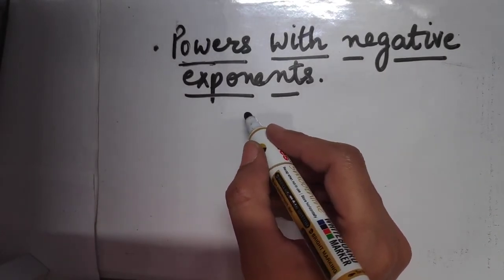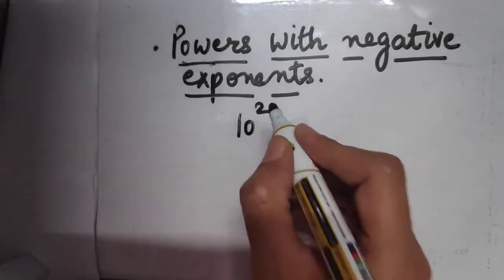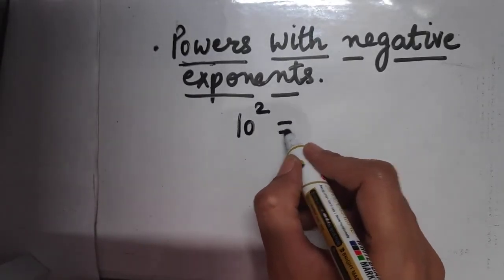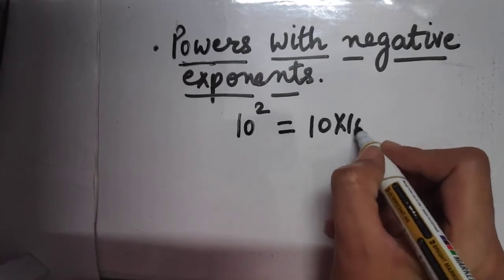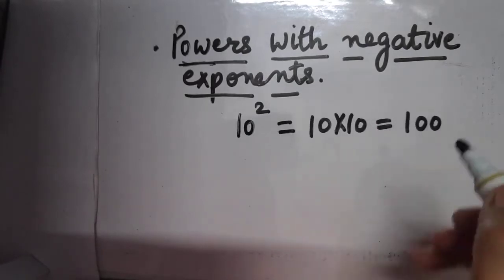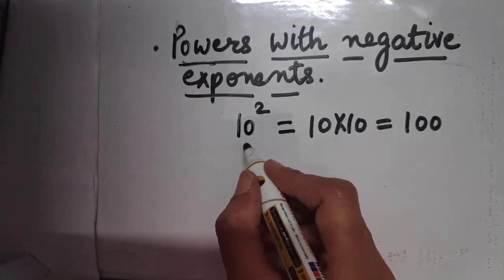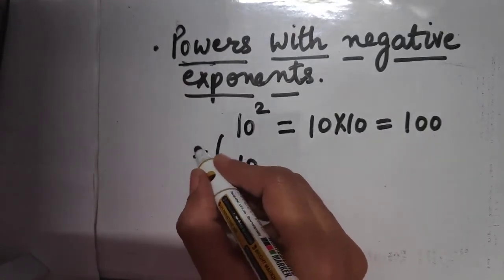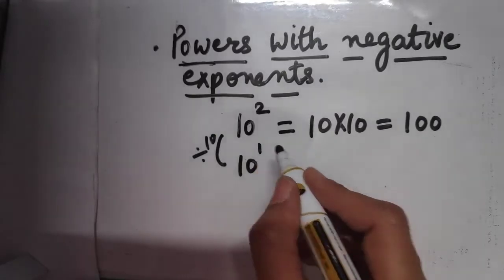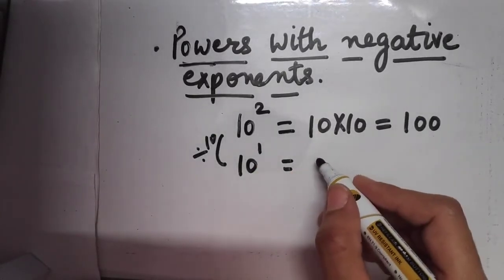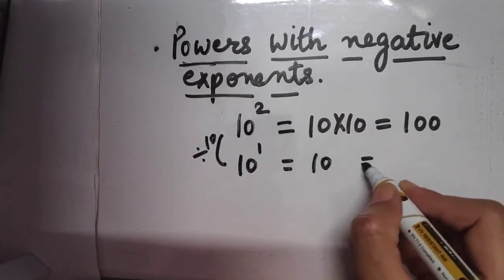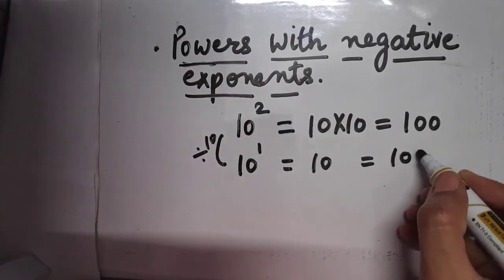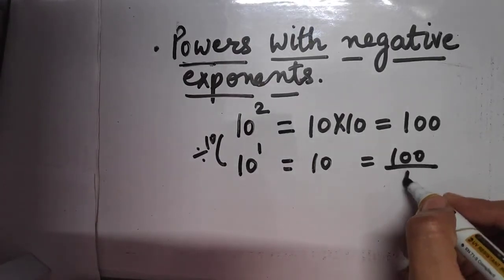For example, if I am multiplying 10 two times, what will it be equal to? It will be 10 into 10, that is equal to 100. Now, if I divide this by 10, then it will be 10 raised to the power 1, that is, it will be 10, as I have divided this 100 by 10.